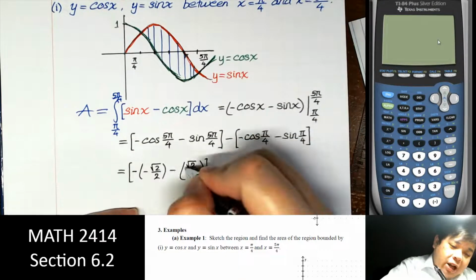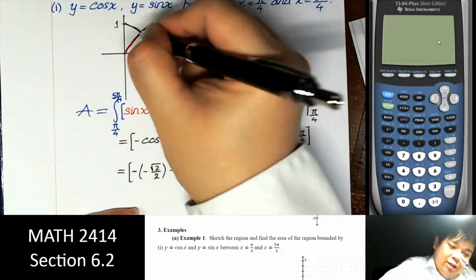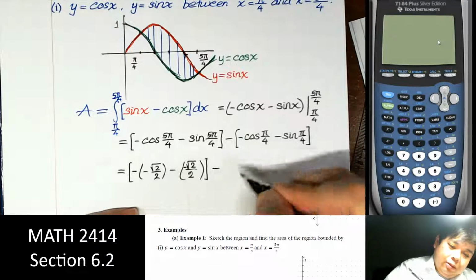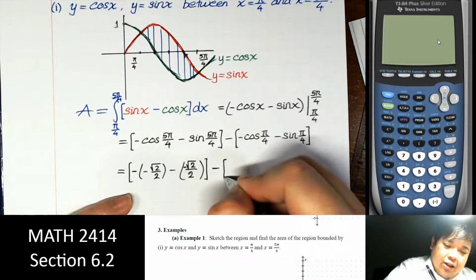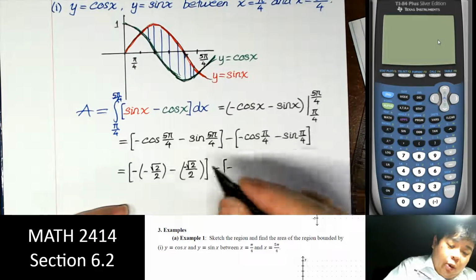Wait, 5 pi over 4, that's also negative. Yeah. And then subtract negative cosine pi over 4.